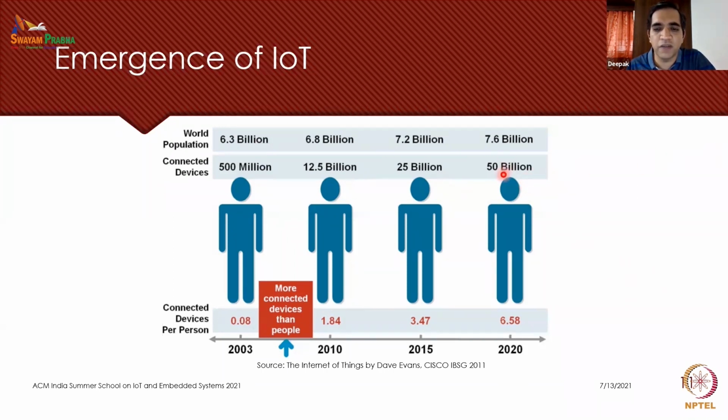So when this many entities are trying to connect and send their data to the cloud, that's not what cloud was designed for. The very inception of cloud did not happen keeping in mind the IoT scenario.